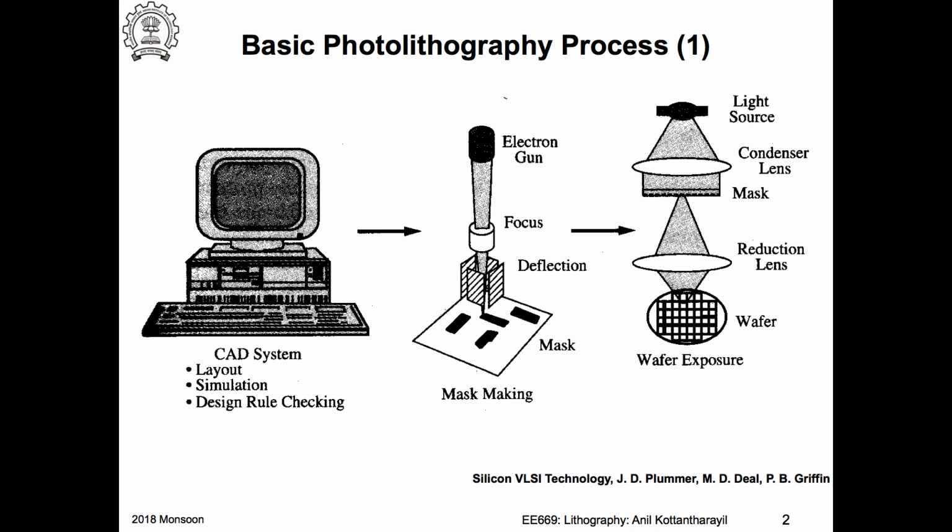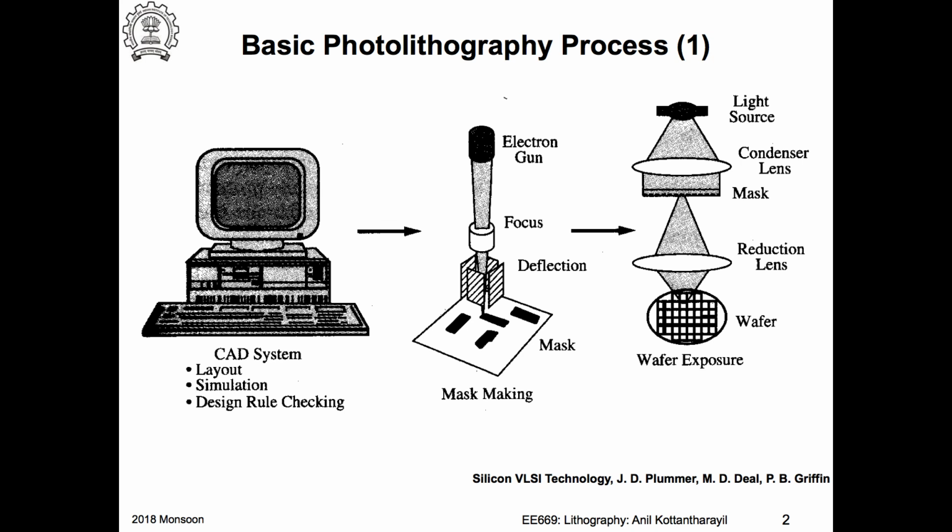And then you are writing on the electron beam resist using this focused electron beam. The resist would undergo certain chemical reactions, and there are two types of resist, which we will see later on.